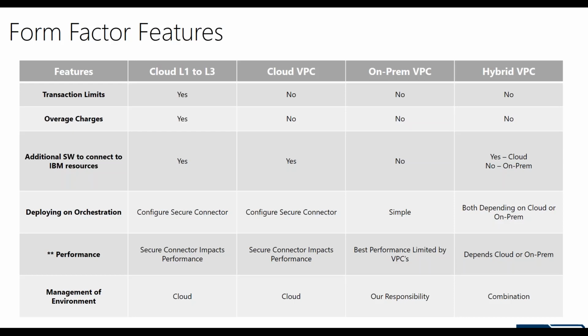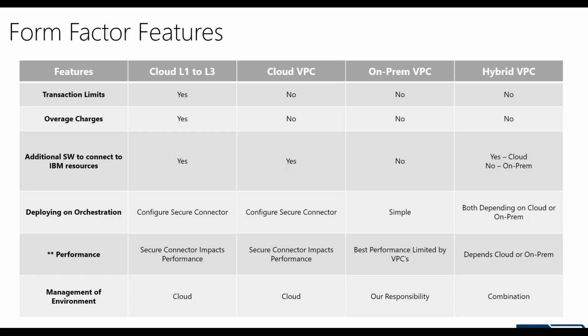With respect to performance, the only way to connect your on-prem database from cloud is through secure connectors. The secure connector does impact performance when you're handling very huge volume. So that would impact when you're choosing the cloud, but for your hypervisor edition, you won't have that performance issue, and that's pretty much the best one available.